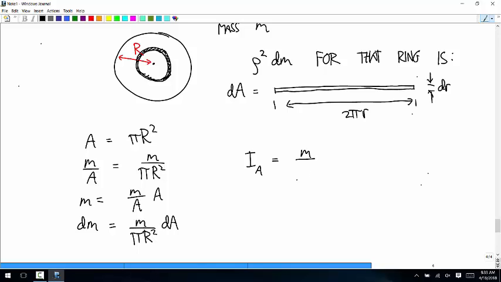We can pull this out, m over pi R squared. No, that's just an increment. That's the thing that we're integrating over. That's our little tiny increment of mass. And this is equal to r squared times 2 pi r dr. And we're integrating this.